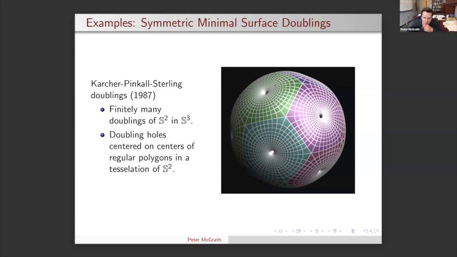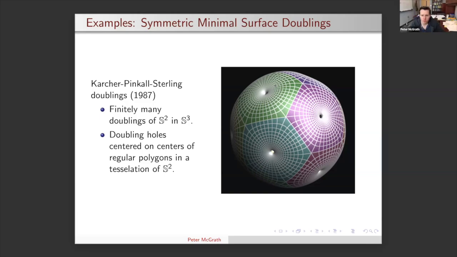Let's see. Sorry, could you say that again? Minimal surface is like the surface when the measure is minimal. And sometimes we take minimal surface as a surface whose mean curvature is equal to 0.